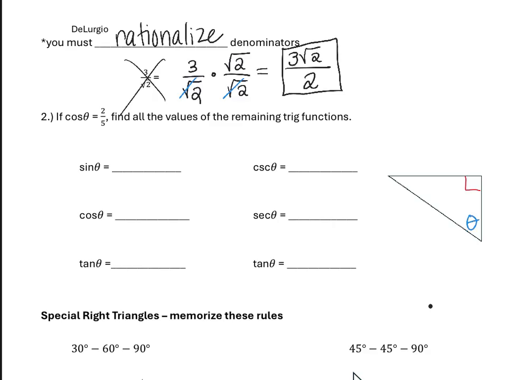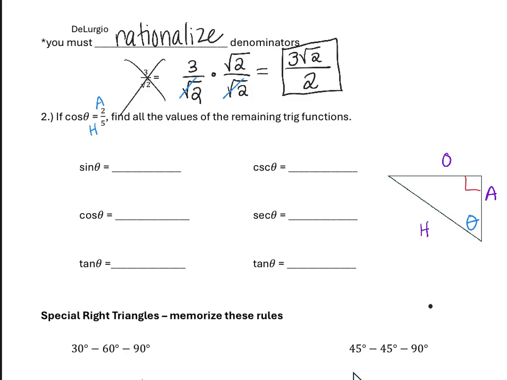If this is theta, and we know that cosine is 2/5, what can we label in this picture? What's cosine? Adjacent over hypotenuse. Okay, so we can label the side adjacent. Here's adjacent, here's hypotenuse, here's opposite, right? All in relationship to that angle theta.